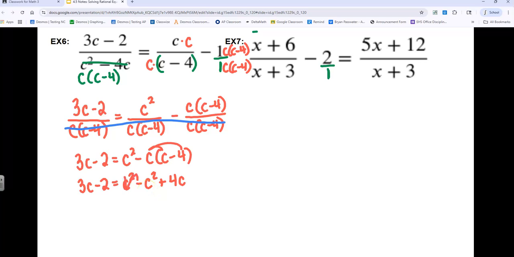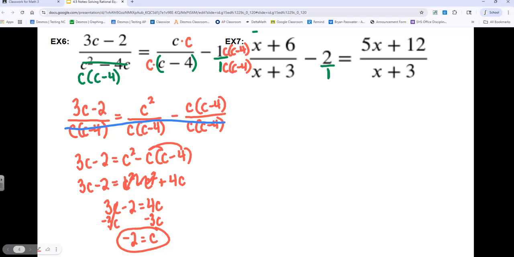Those cancel out. That's just 0. So really it's not a quadratic. Now I've just got 3c minus 2 equals 4c. Okay, Fernando, how do I solve that? Good. So I got negative 2 equals 3 minus 3c is just 1c, which is really just c, right? So there should be my answer.